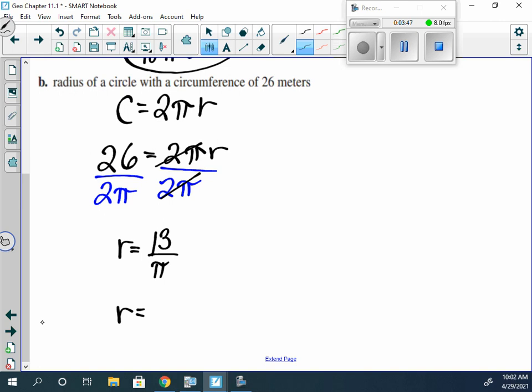If we type it in and approximate the value of pi, it's approximately 4.13, or it could be 4.14 because it's 4.13802852. So we'd have to approximate this. Or it's 13 over pi.